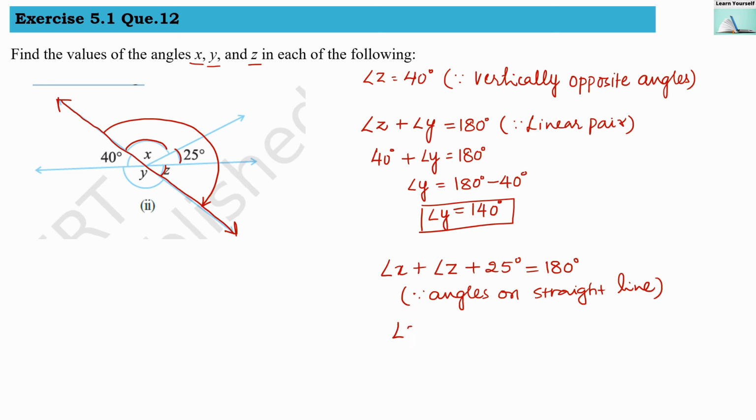We know the measure of angle Z, and that is 40 degree. So angle X plus 40 degree plus 25 degree equals 180 degree. So angle X equals 180 degree minus 65 degree, and we will get here 115 degree.